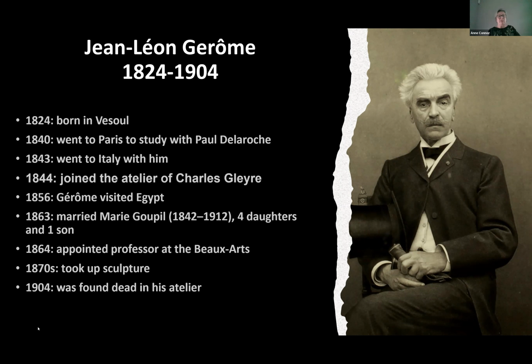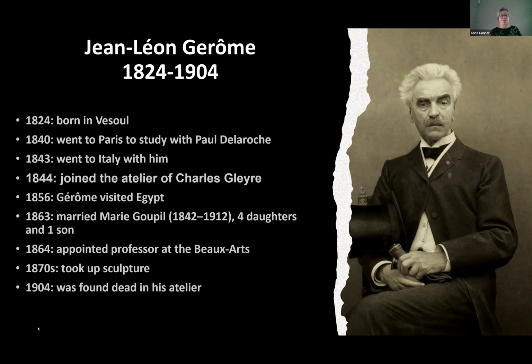He visited Egypt in 56, married Marie Goupil, and the reason why I give her name is because the Goupil family was very strong in art dealing, particularly prints. It is in the Goupil family that even Vincent Van Gogh is going to work for a while, and where his brother Theo is going to work for a long time.